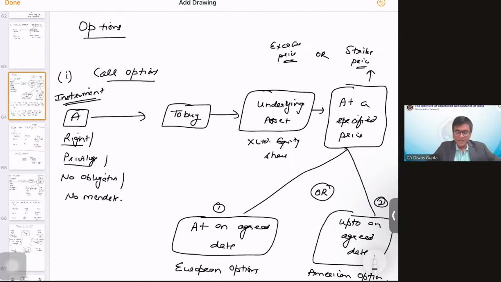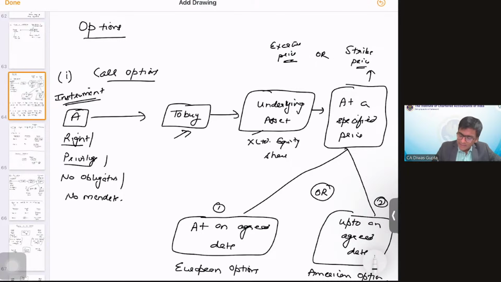So students, on options, we first took the specific case of a call option, in which we said that a call option is a right to buy. This is the emphasis we have to give: a right to buy. That means it's a privilege to buy, not an obligation to buy. Buy what?